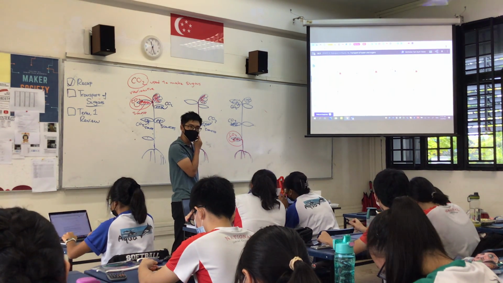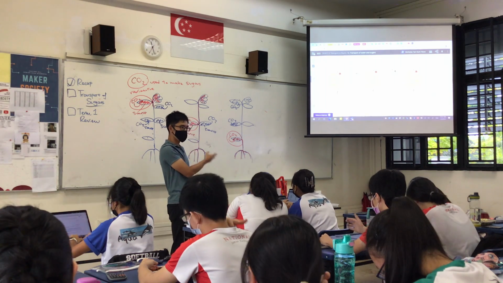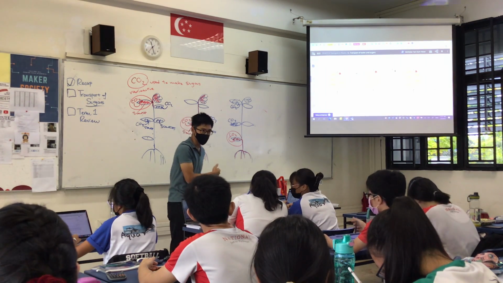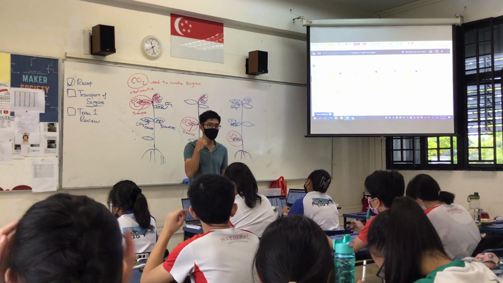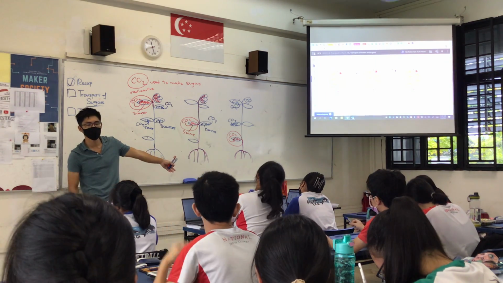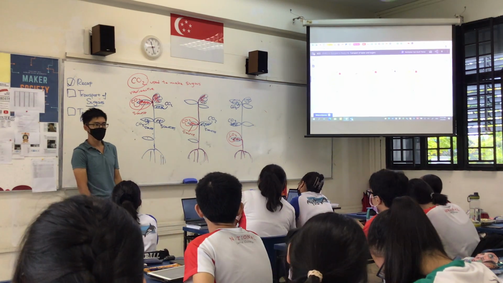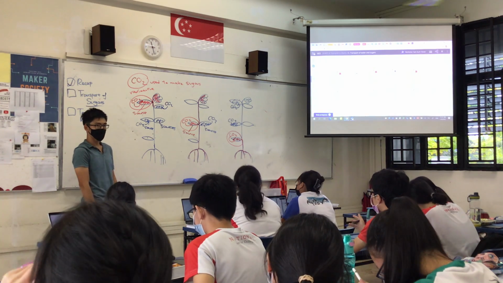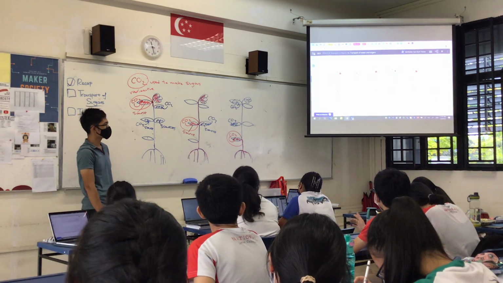Okay, while you're at it, based on this experiment and where the radioactive sugars have been transported to, can you tell which parts of the plants are sinks? Can you tell? Which ones are sinks?